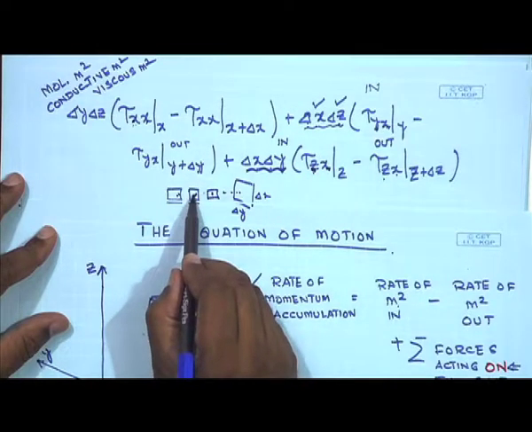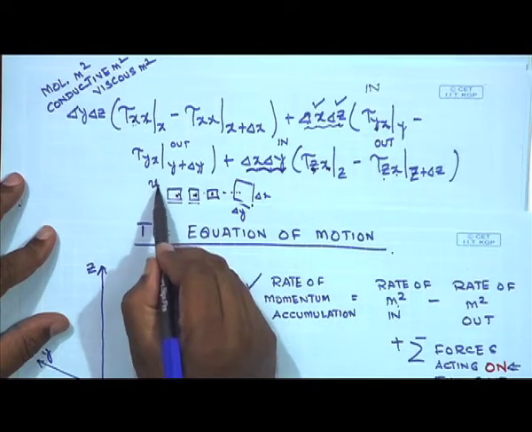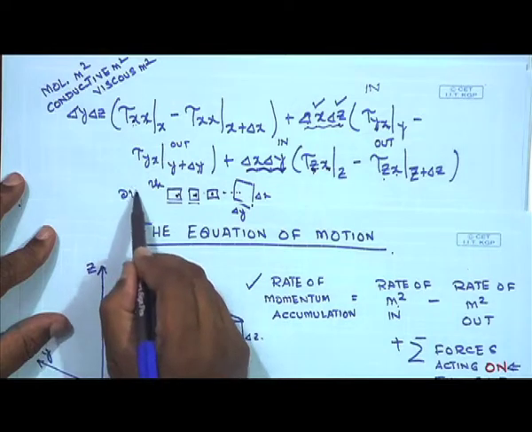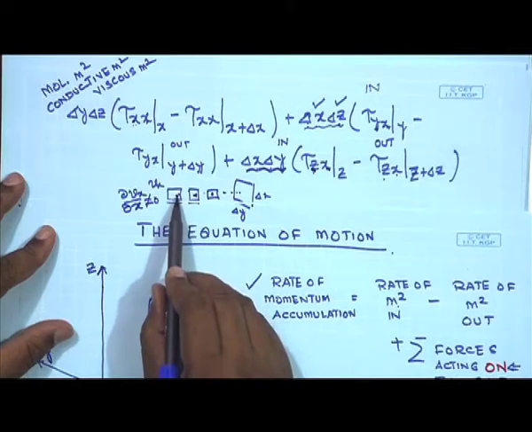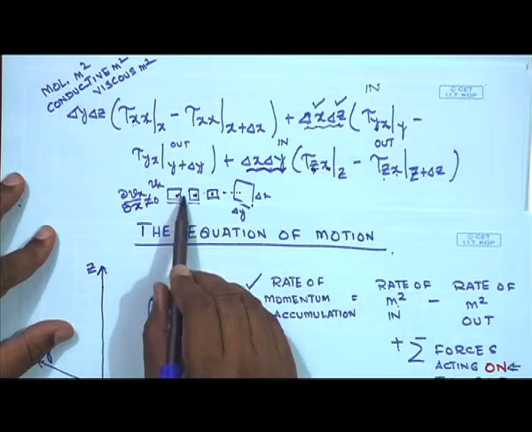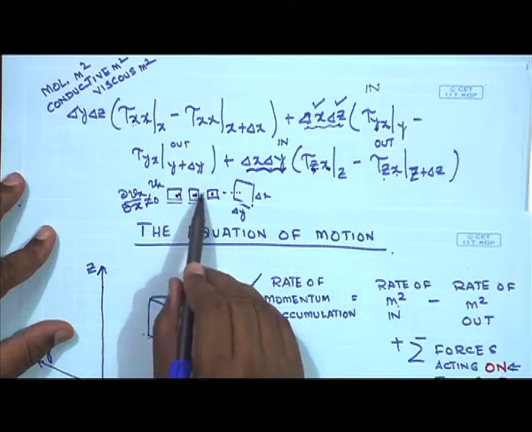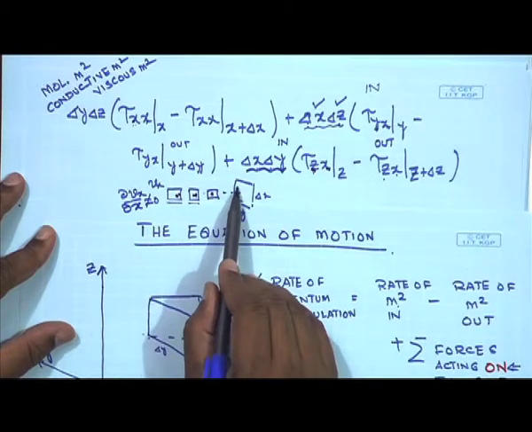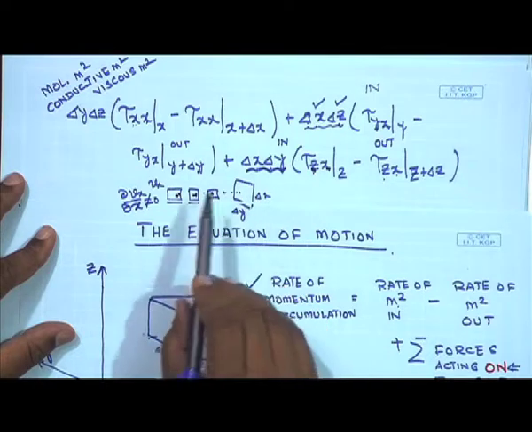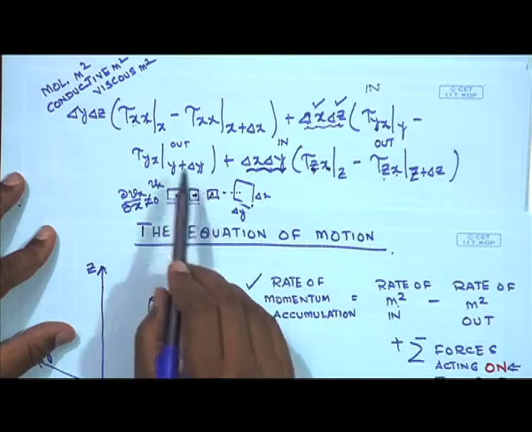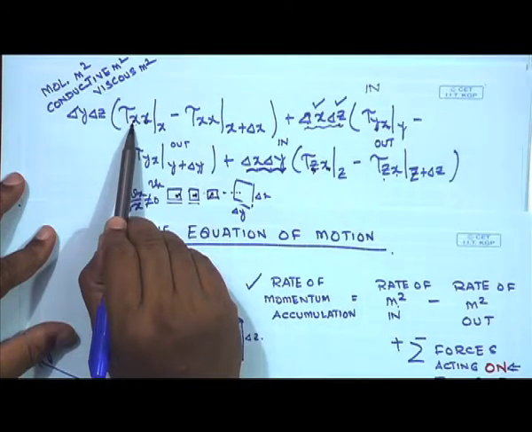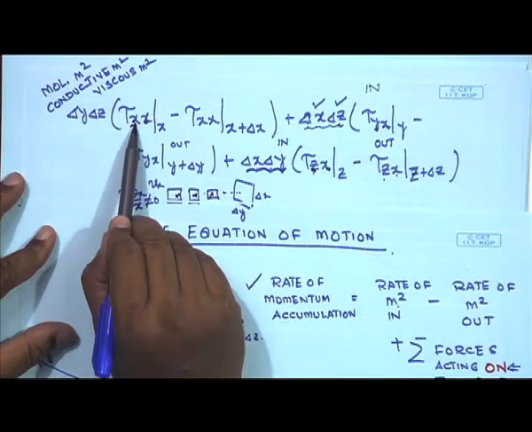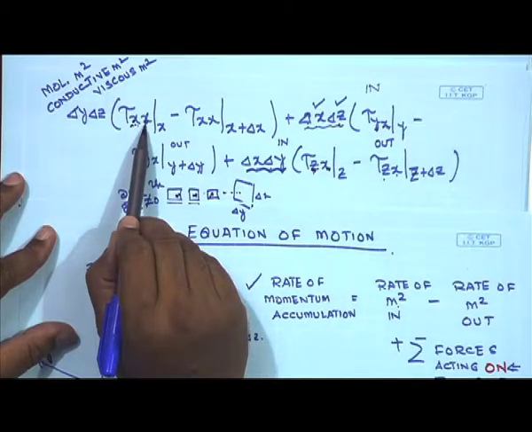Since there is a variation in velocity in the x direction, that means del Vx by del x is not 0, then by Newton's law, or by our understanding of viscosity, there must be a stress between these 3 packets of fluid, which will also be transmitted on this phase. This kind of stress, where the principal direction of motion and the direction in which the momentum gets transported are identical, is commonly called the normal stress.